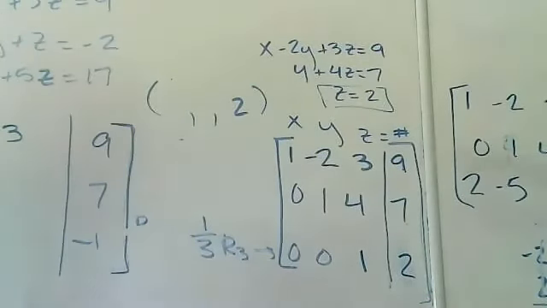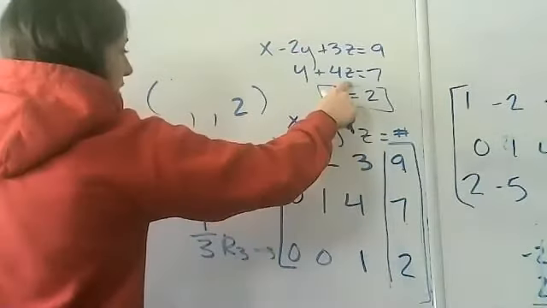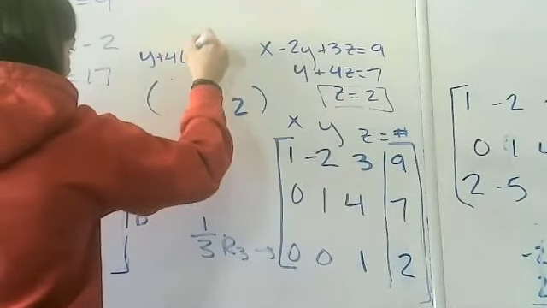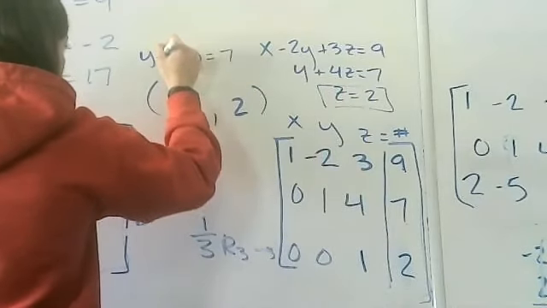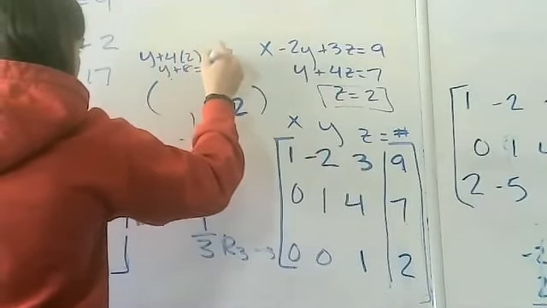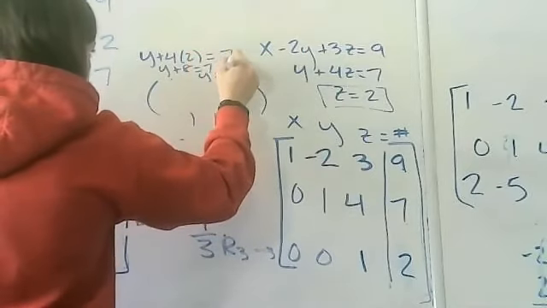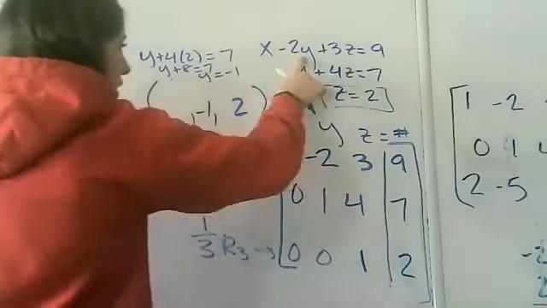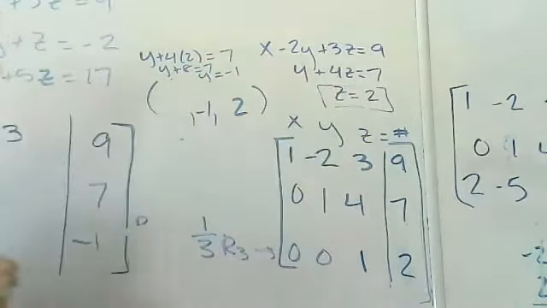So back substituting, I can put 2 into this second equation. It will be y plus 4 times 2 equals 7, giving me y plus 8 equals 7, or the fact that y equals -1.